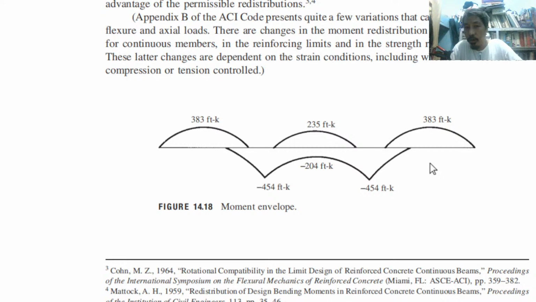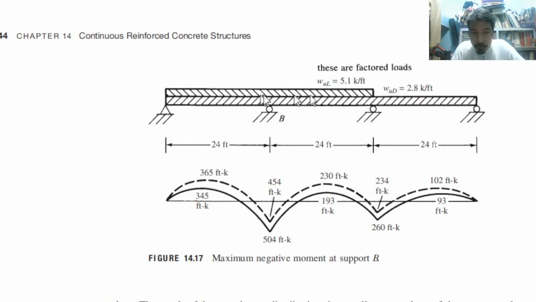So in the future, when you have this type of loading, you already know that 365, 230, 102 are the maximum, and you have negative 504, negative 260 as the minimum with this kind of loading.